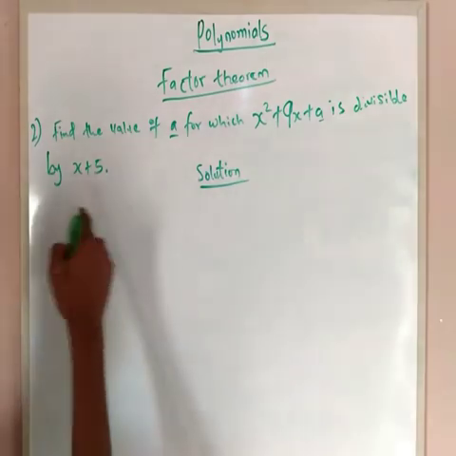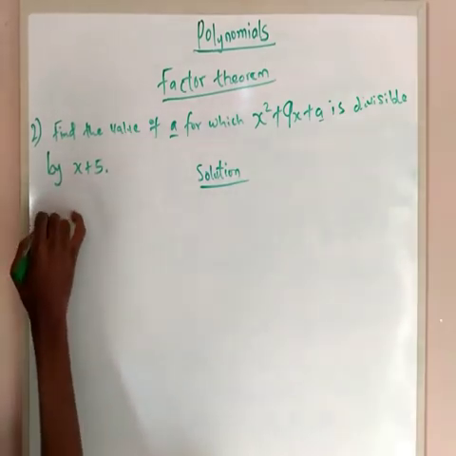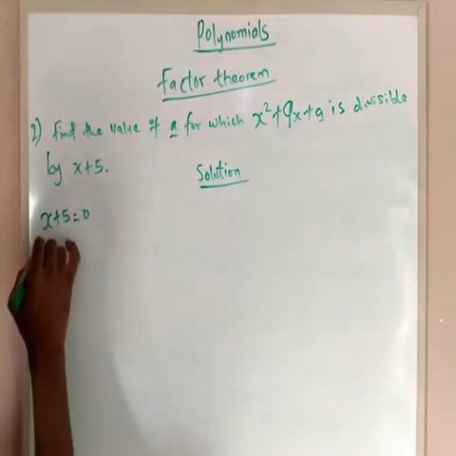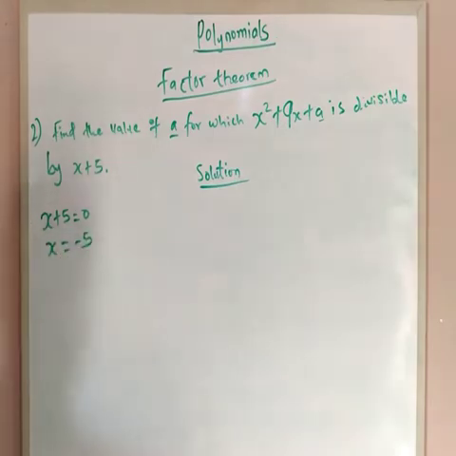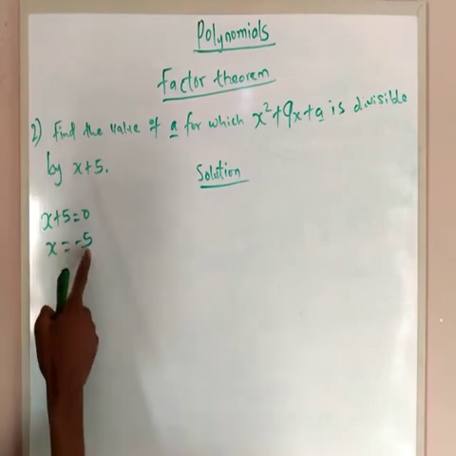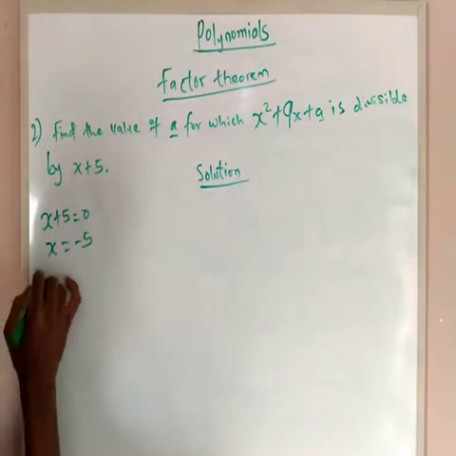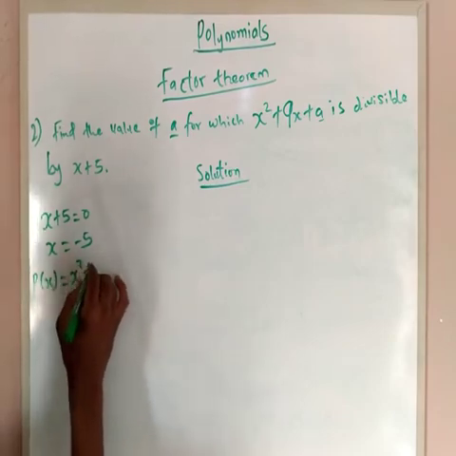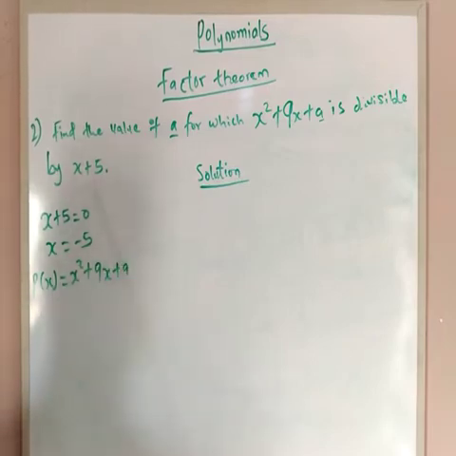So the first thing we do is to equate this to 0. So we have x plus 5 equal to 0. Then we have x is equal to minus 5, where we make x the subject of the formula. So we input minus 5 for x in the equation. The equation is p of x is equal to x squared plus 9x plus a.